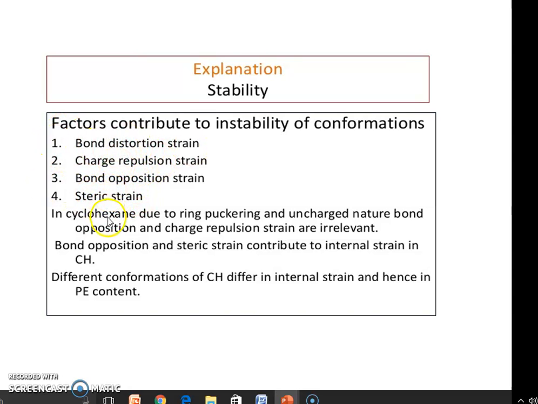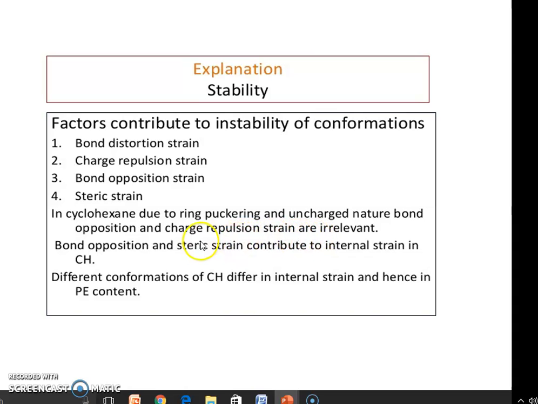In cyclohexane, due to the puckering of the ring and its uncharged nature, bond opposition and charge repulsion strain are irrelevant.